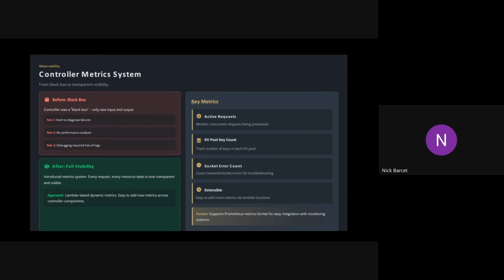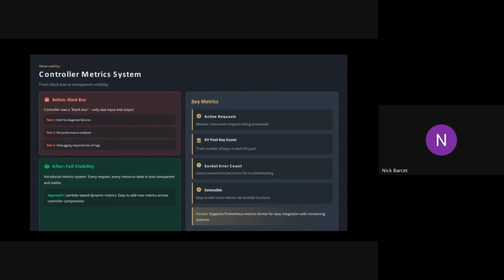Key metrics include active requests. It monitors concurrent requests being processed. KV pool key count. It tracks the number of keys in each KV pool. Socket error count. It counts network or socket errors for troubleshooting. We mainly use lambda functions to dynamically add metrics, making it very easy and simple to add new metrics.